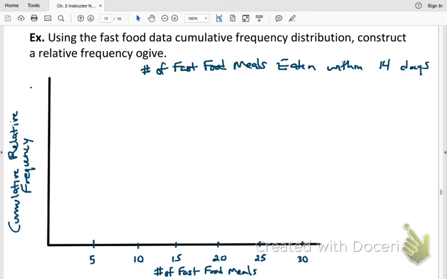Now I've got my graph here mostly labeled, but I want to talk about the labeling of the y-axis a little bit. Because this is cumulative relative frequency, I know that my y-axis is going to go all the way up to 1. So I want to make sure that I include values going all the way up to 1, because I know at the end I'm going to get to 100%.